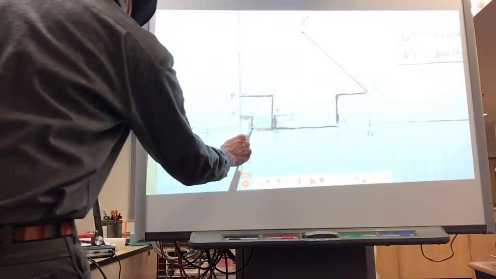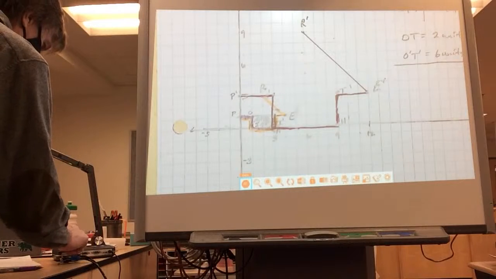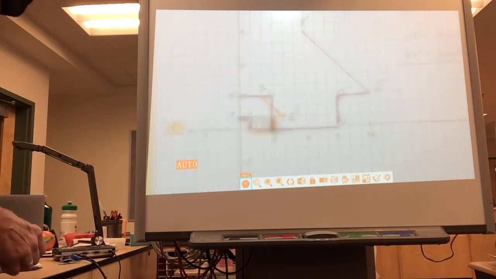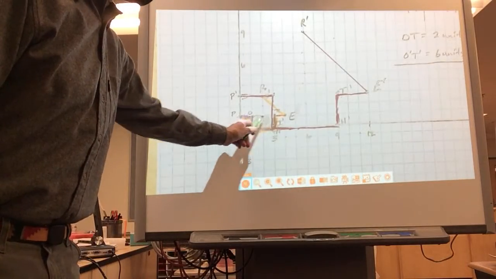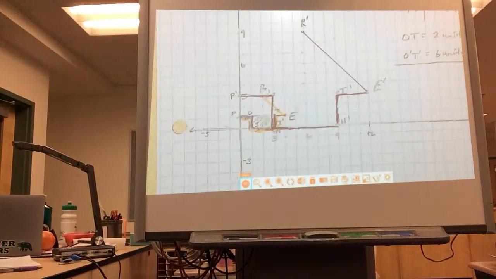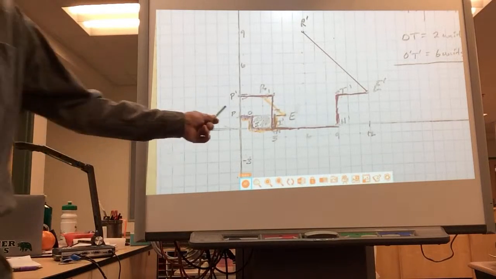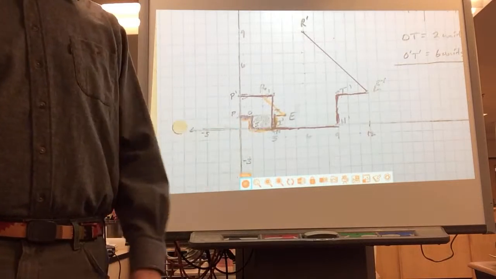So from I to N to T to O. That's this little rectangle here. When we had it looking like a measuring cup, that would be the cup part of it. So how many squares are here? There are 2.